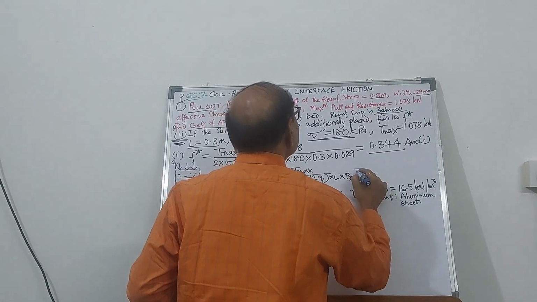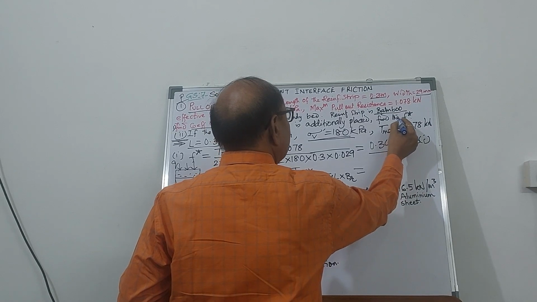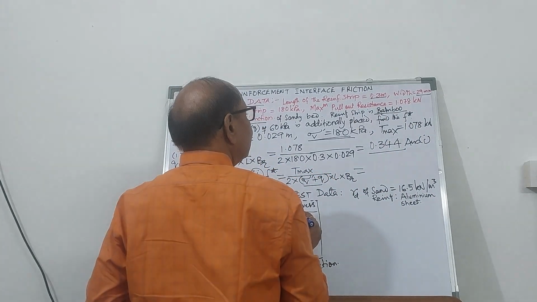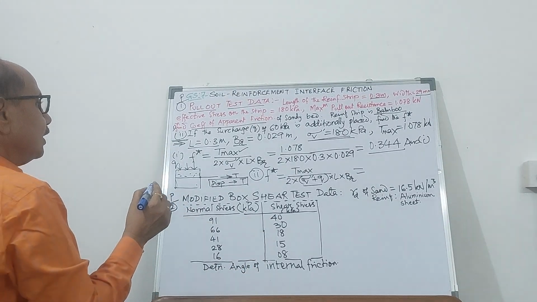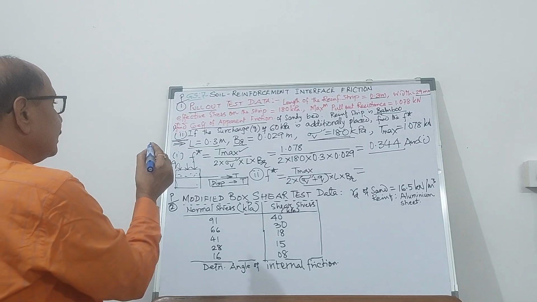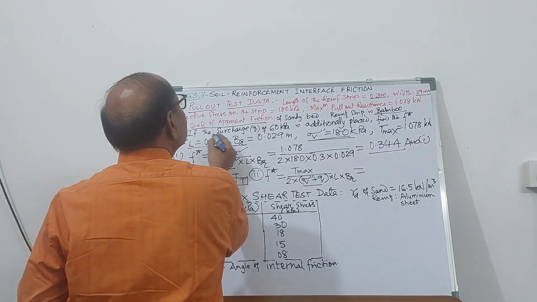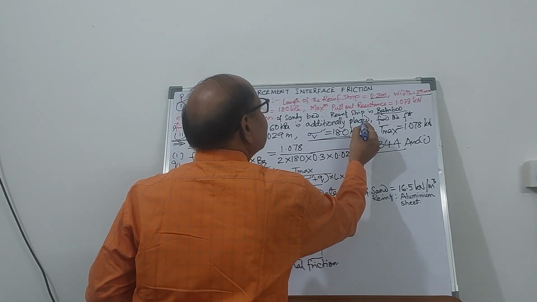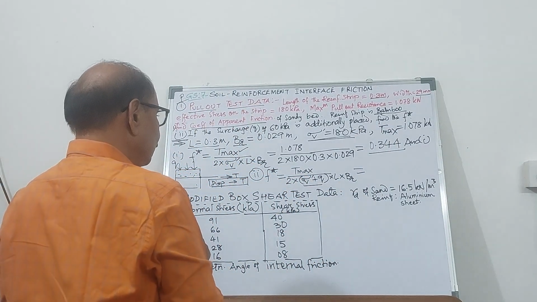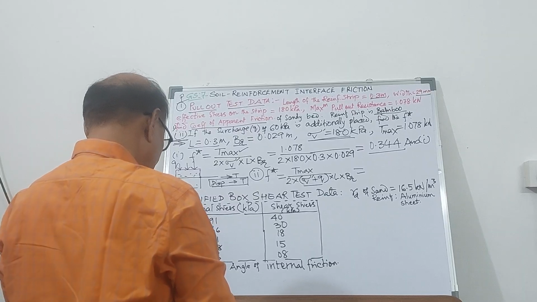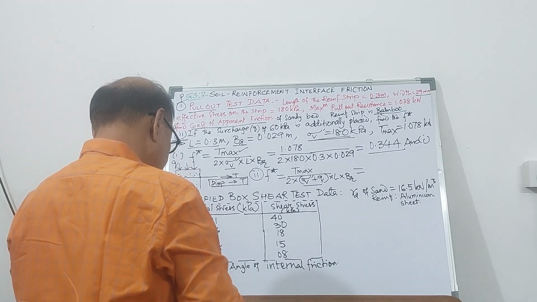So now in the second part of the problem, you will have to find the coefficient of apparent friction. If the surcharge of 60 kilopascal is additionally placed, we will have to find the total pull-out force.